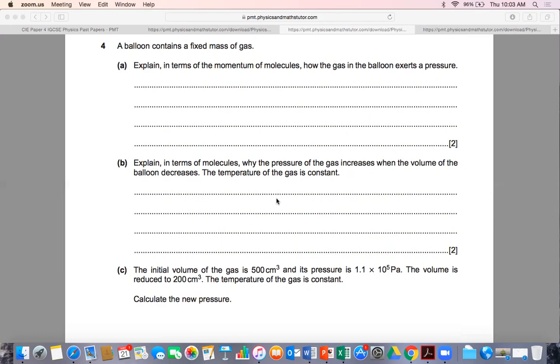There is a change of momentum during collision. As the molecules hit the wall, this causes pressure on the walls of the balloon.